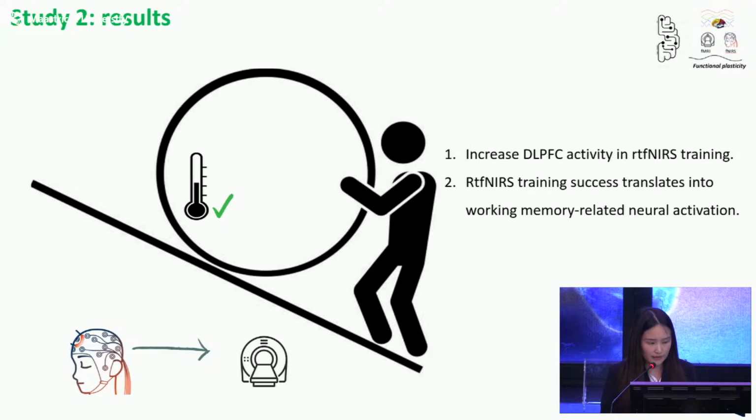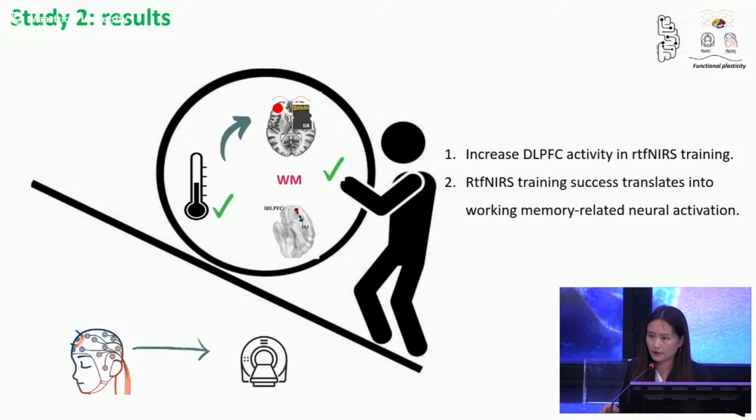Our results show that participants can learn to upregulate cortical DLPFC activity by fNIRS neurofeedback training. The transfer effect shows that the neurofeedback training group increased bilateral DLPFC activities and also decreased the functional connection between the left DLPFC and the left anterior insula.